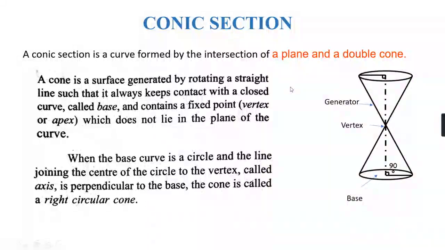When the base curve is a circle and the line joining the center of the circle to the vertex, called axis, is perpendicular to the base, then the cone is called a right circular cone.